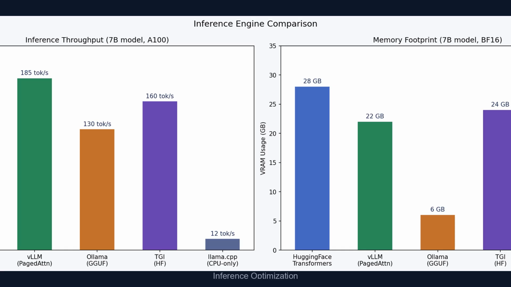The pattern is clear. The high throughput engines assume you have GPU memory to spare. If you're optimizing for speed and have the VRAM, vLLM is the choice. If you're deploying to edge hardware or a machine without a discrete GPU, llama.cpp memory efficiency is worth the throughput trade-off. Your P40s with 24 GB each sit comfortably in vLLM territory.